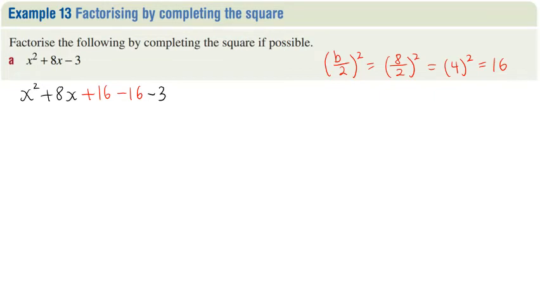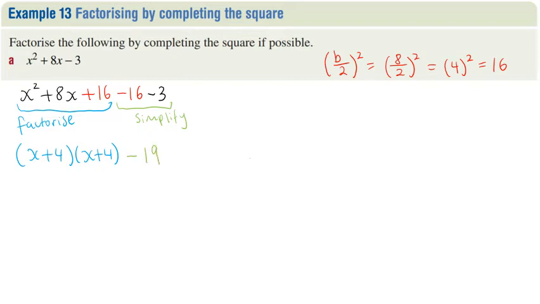Then I factorise this first section here. So two numbers that multiply to give 16 and add to give 8. 4 and 4. Then I simplify this. So minus 16 minus 3 is minus 19. So then I can rewrite it out like this.